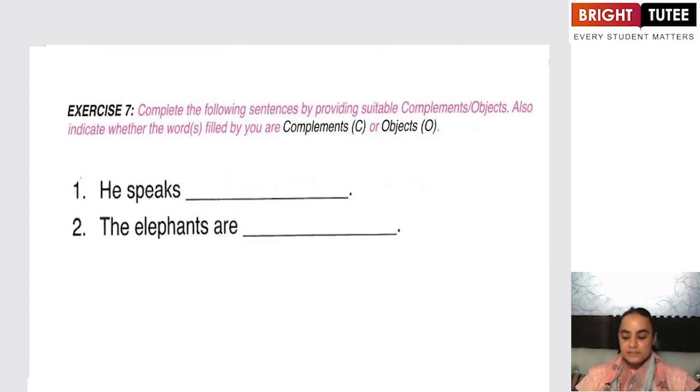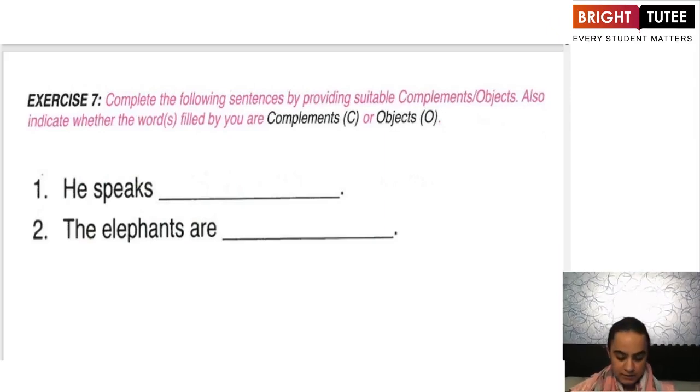Complete the following sentences by providing suitable complements or objects. Also indicate whether you have filled them with an object or a complement. So again, you are given 15 sentences. They are incomplete in nature. You have to complete them by filling either a complement or an object, and then also specify whether it is a complement or an object.